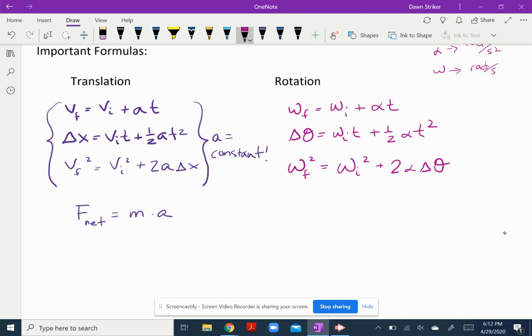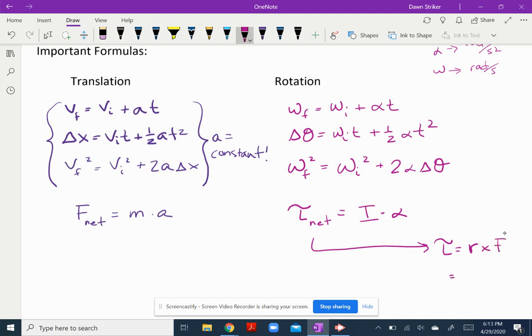The analogy for rotation is that the torque net equals not mass, but moment of inertia times alpha. And remember that torque is defined as a force crossed with a radial vector. Actually, I need to rewrite that because the order matters. It's the radial vector crossed with a force.